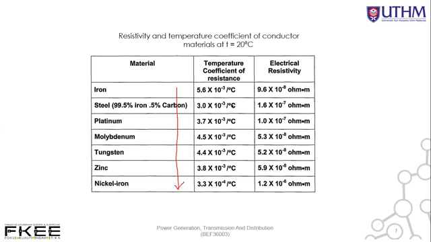You can see there are different temperature coefficients of resistance, most of them on the order of 10 to the power of -3 per degree Celsius, and also various electrical resistivities for the different materials.